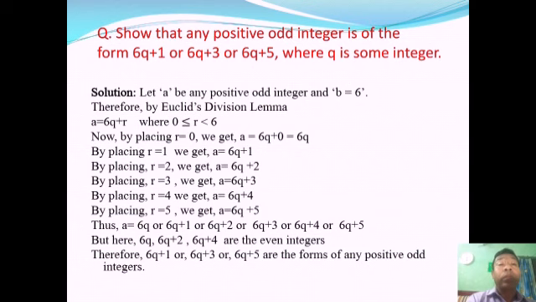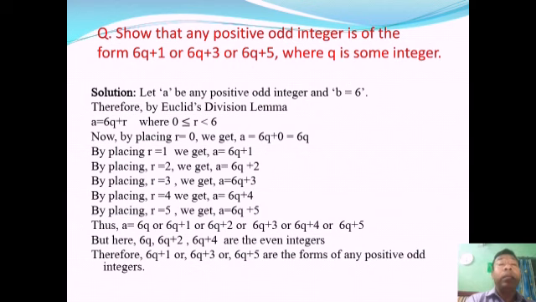So let us assume that A is any positive odd integer and B equal to 6. Therefore, by Euclid division lemma for A and B, we have A equal to 6q plus R, where R is greater than or equal to 0 and less than 6. You should remember that R is always less than the divisor, and R is an integer.